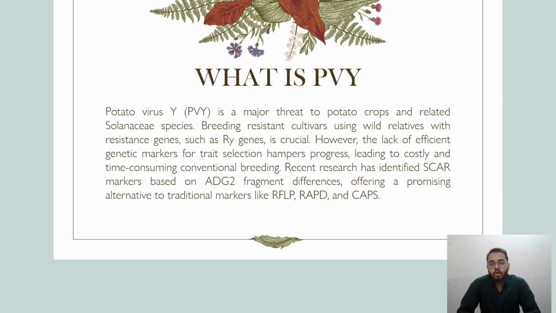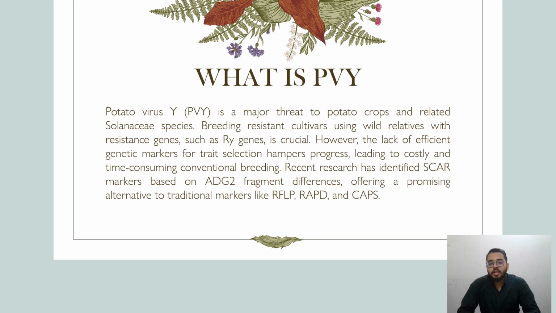At first, we learn what PVY, potato virus Y, is. It is a major threat to potato crops and related Solanum species. Breeding resistant cultivars using wild relatives with resistance genes, such as Ry genes, is crucial.